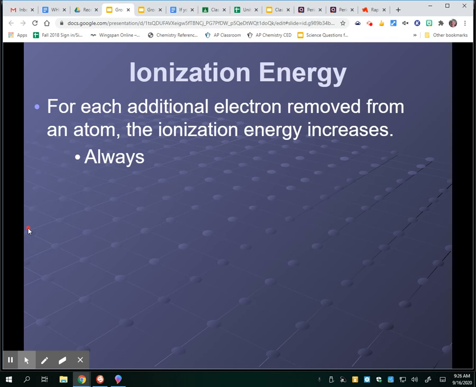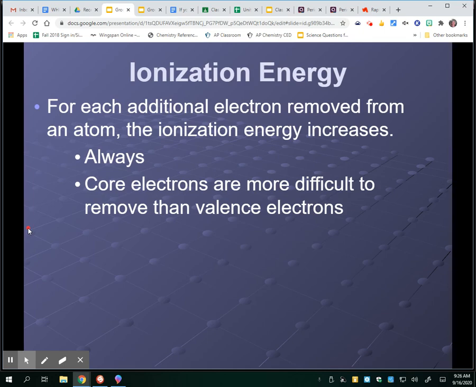And as we remove electrons, the remaining electrons will be more attracted to that nucleus because I still have the same number of protons, and now I have fewer electrons, that's going to make them more attracted. So I2, removing the second electron, is always larger than I1. I3 is always greater than I2, always.